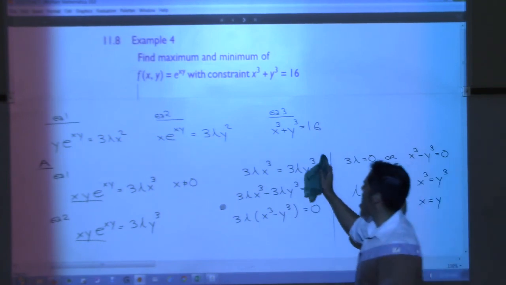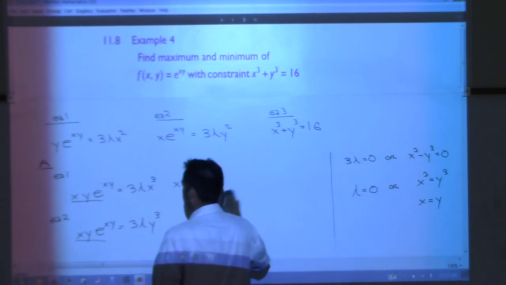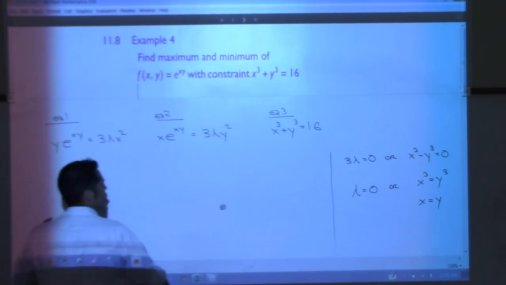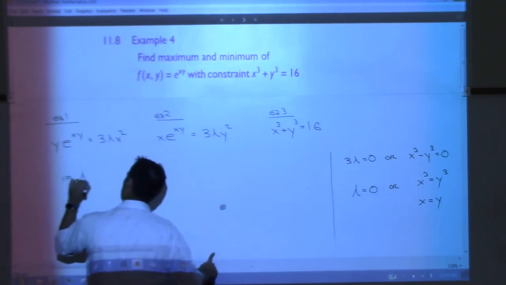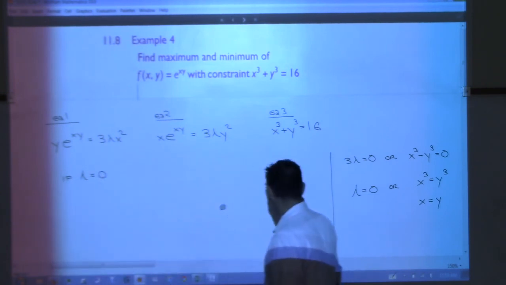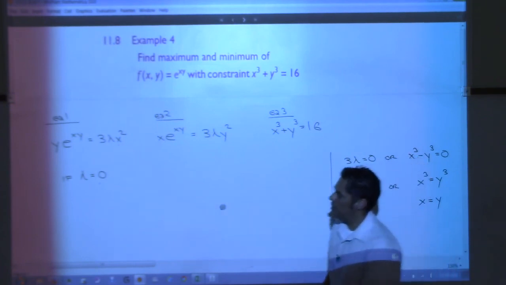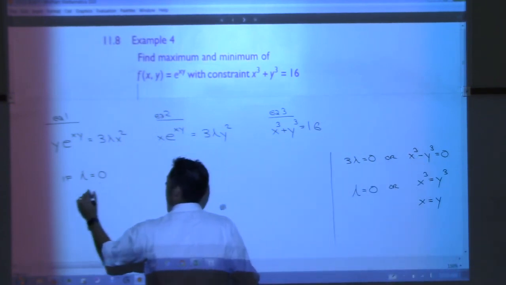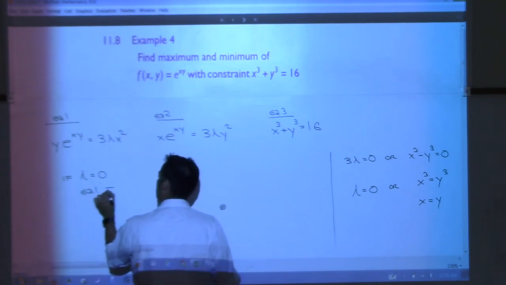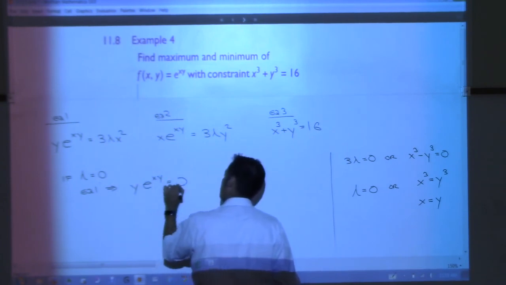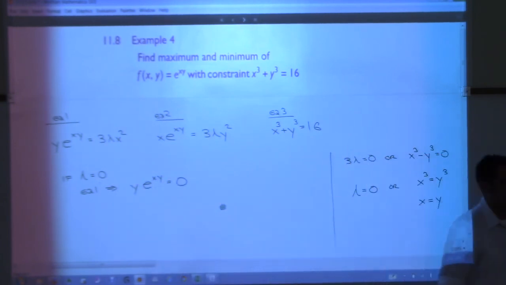So if lambda is 0, what does the first equation say? If lambda is 0, then equation 1 tells us that y e to the xy must be 0. Agreed? What's wrong with that, though? Y can't be 0. Why can't y be 0?